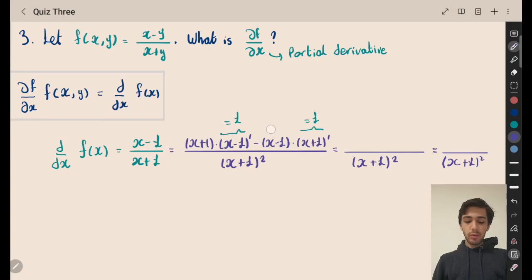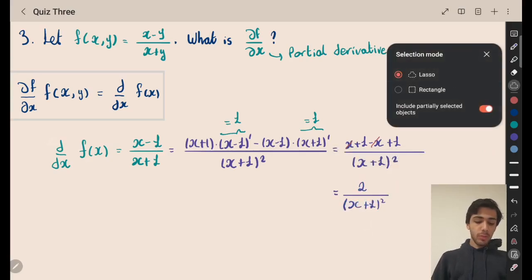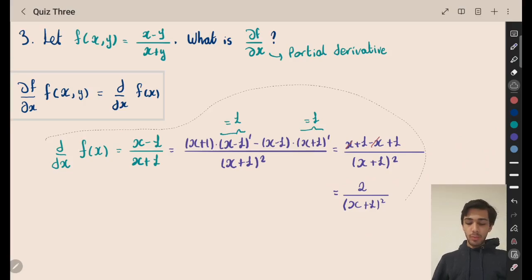Distribute the negative sign, you'll get x plus 1 minus x plus 1. So these two cancel out, and you get 2 over x plus 1 squared. And it's not the answer, but this is really the way you should approach the problem.